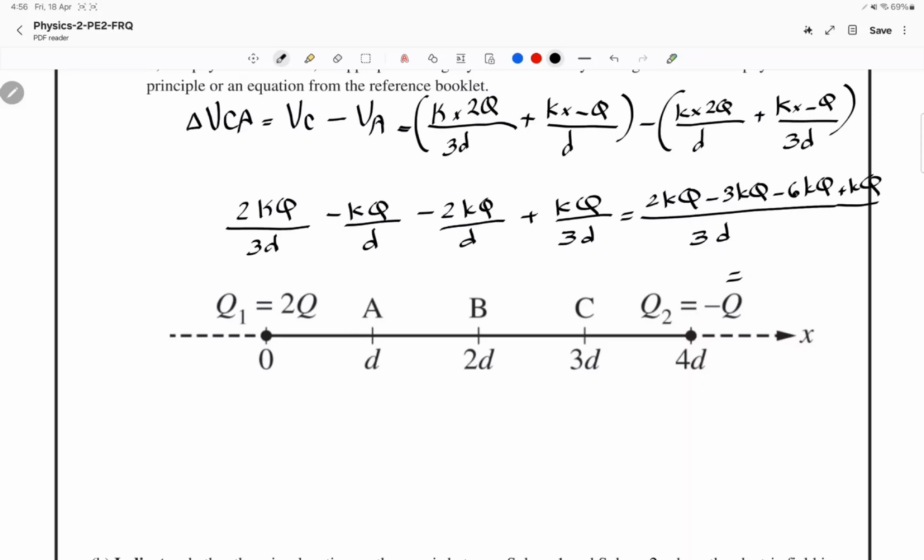So 2 minus 3 is negative 1, minus 6, negative 7, plus 1, negative 6 KQ over 3D, which then becomes negative 2 KQ over D. Wow. Yeah. Okay.